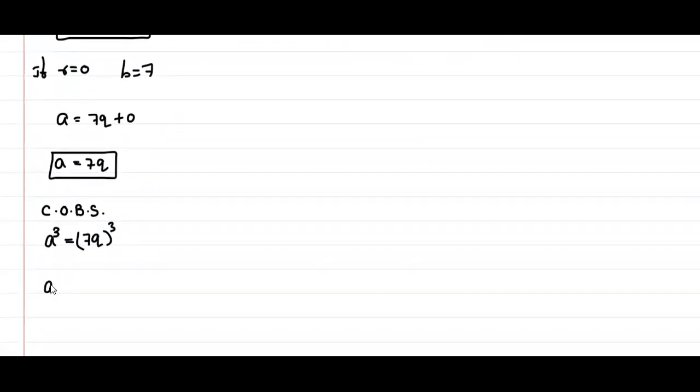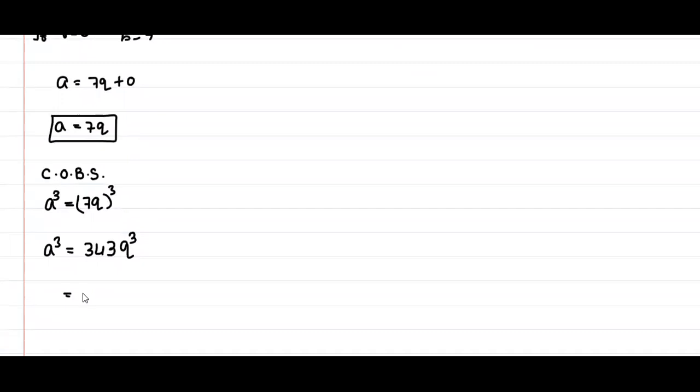So a cube is equal to 7 cube, which is 343, into q cube. 343 can be written as 7 into 49 into q cube.